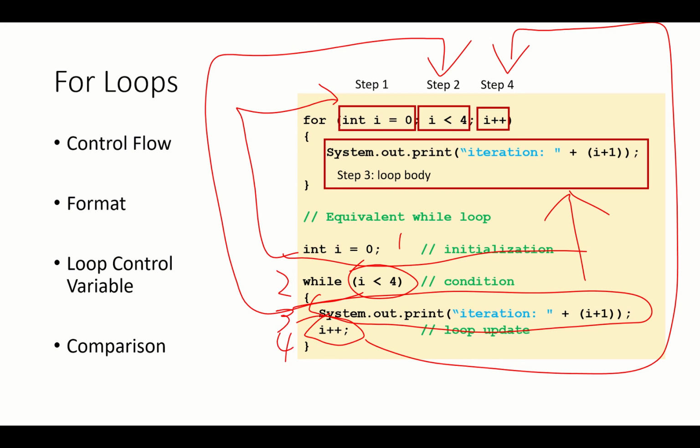If we compare with the for loop, it's different. We'll go step 1, step 2. At this point, we go into the loop body. And last step, we go back to this for loop. Correct?